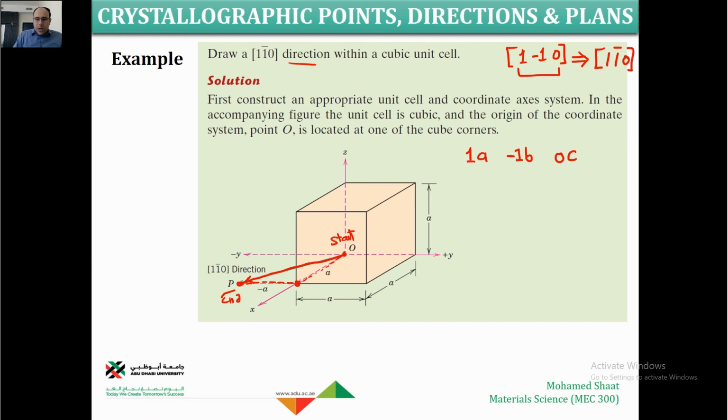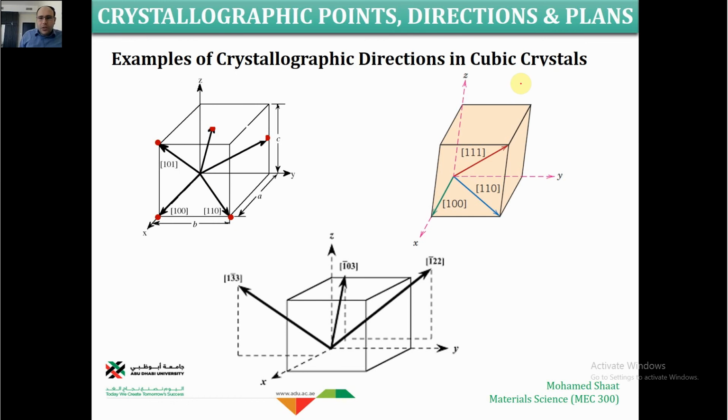Make sense? So these are also in cubic crystals. So far we're just discussing how we can define these crystallographic directions in general, and especially for the cubic crystals. For a cubic crystal, these are some of the common directions that we could find in any cubic crystal.